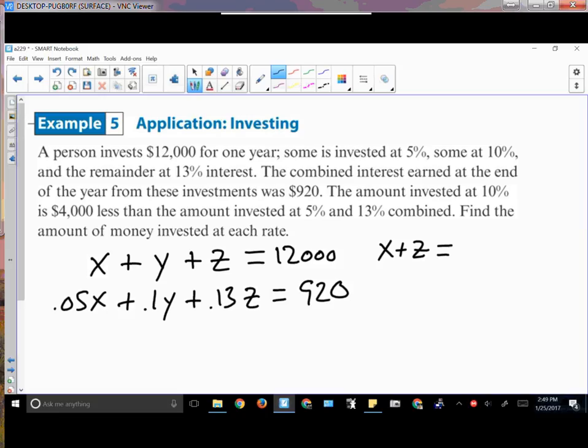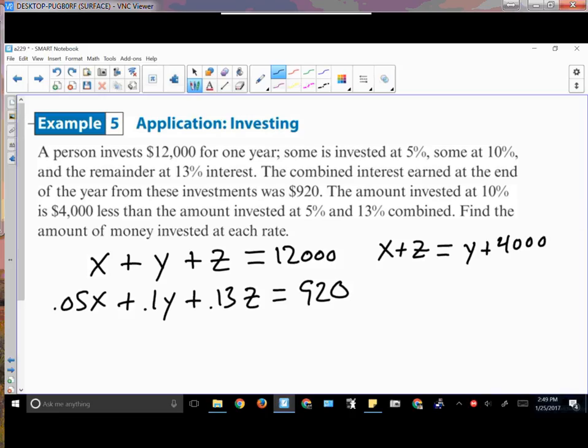Let's see, amount invested, 4,000. What's going to be more? Is the one at 10% for more or less? More. So if I knew what the 10% one was, I'd have to give that another $4,000 to get to the other one, right? So that means we are going to take y plus $4,000.